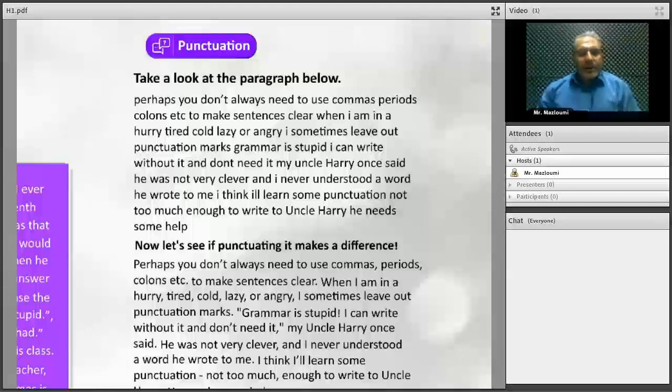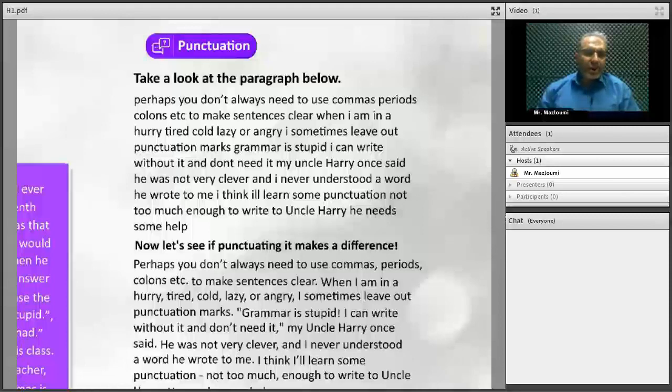Well, take a look at the paragraph below. Check out this paragraph, everyone. As you can see, this paragraph lacks any punctuation marks. I'm going to read it out to you.